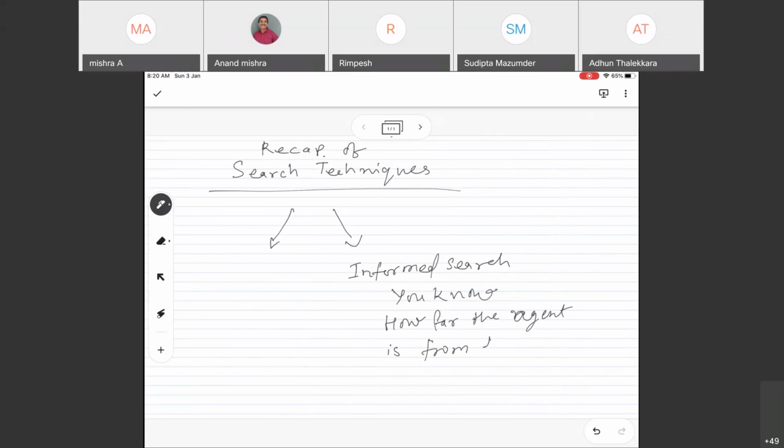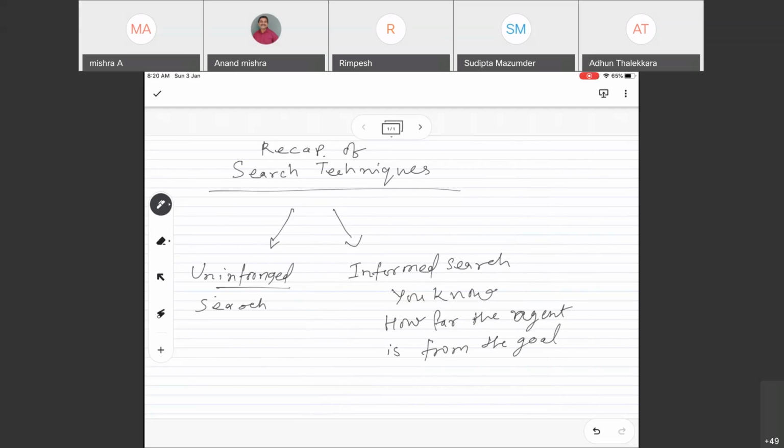So at every state you really know this. The other one is called uninformed search.